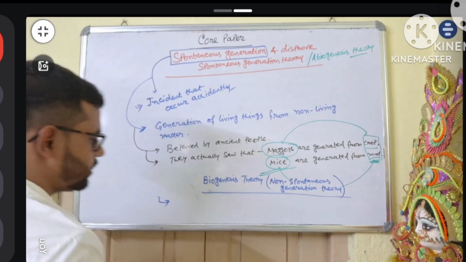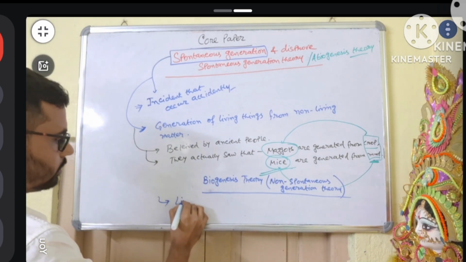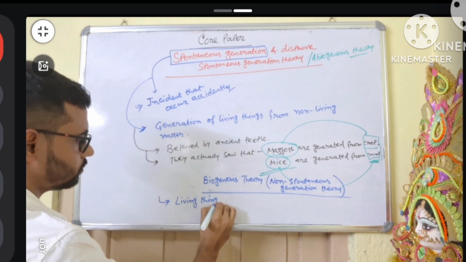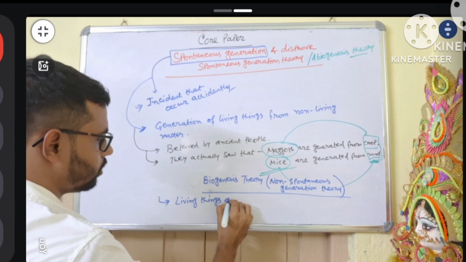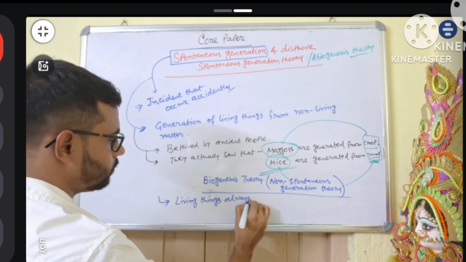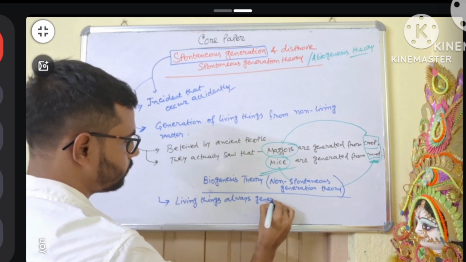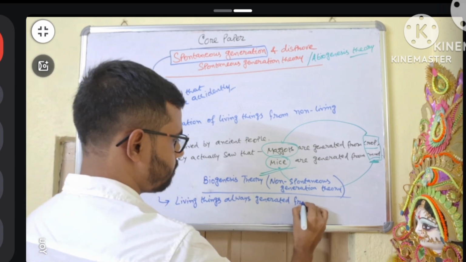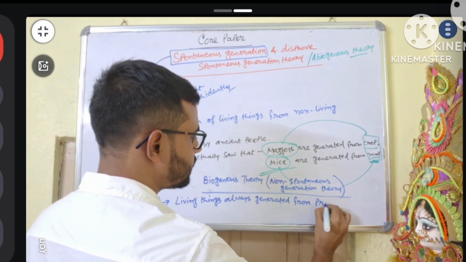So the theory of biogenesis states that living things are always generated from pre-existing life.